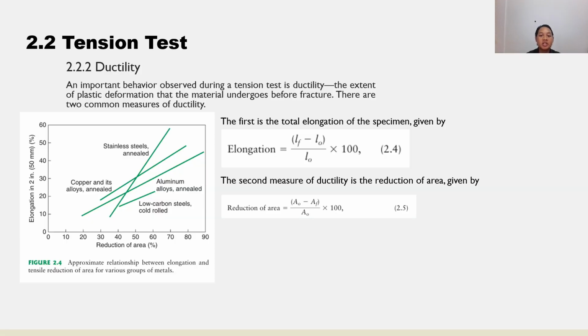The first is the total elongation of the specimen, given by elongation equals (Lf minus L0) per L0 times 100. The second measure of ductility is the reduction of area, given by (A0 minus Af) per A0 times 100.